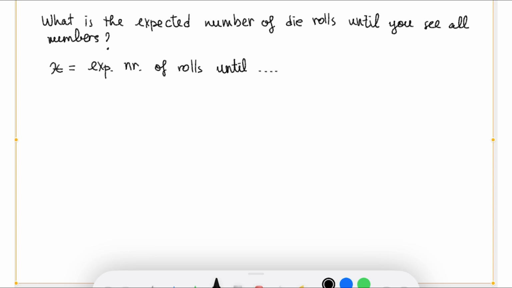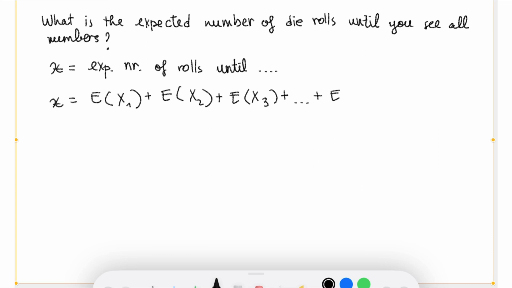We can write this variable as equal to the expected number of rolls to see the first number, any number, plus the expected value to see another number, which is not the first one, plus the expected value to see another number, which is different than the first and the second one. So this will be the sum of 6 expected values.